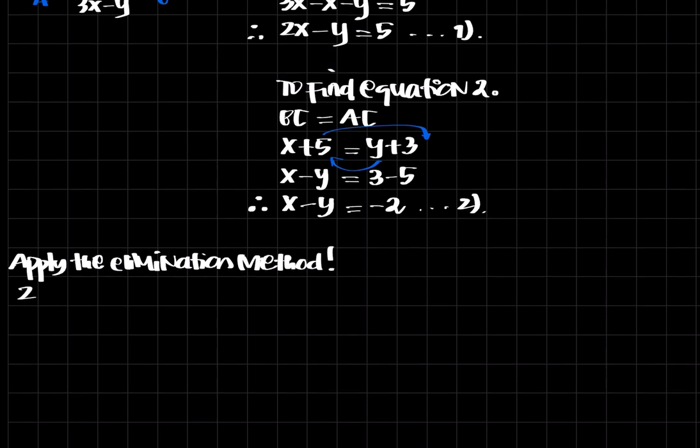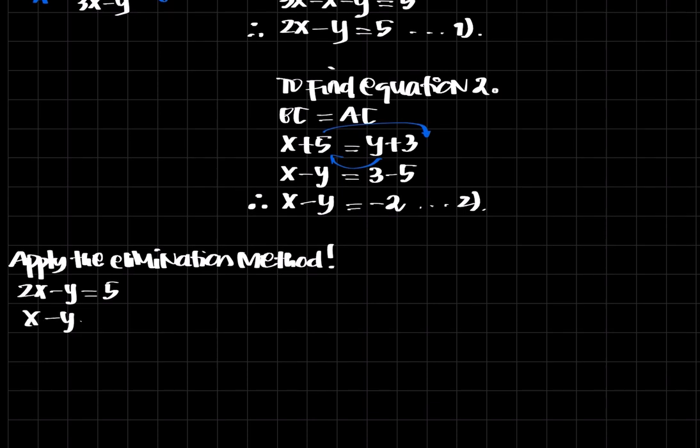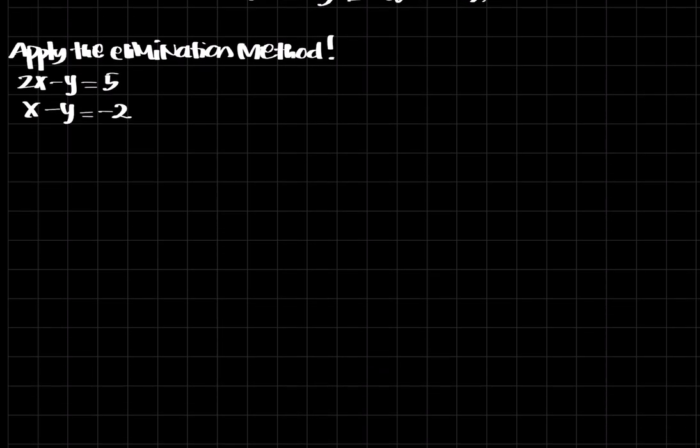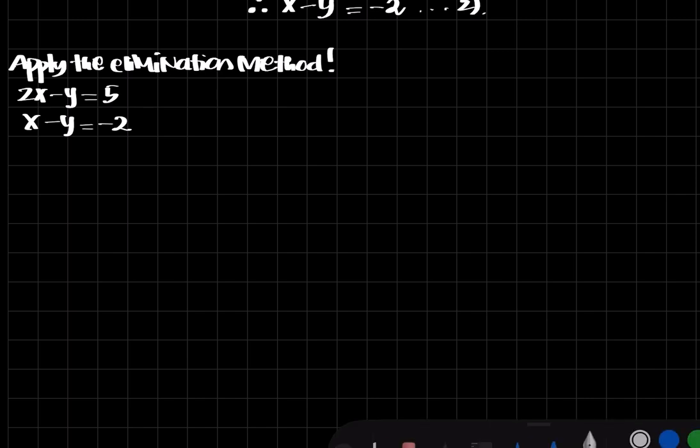This is a bit long step. So x minus y equals negative 2. Okay, luckily we have one variable that we can cancel directly.